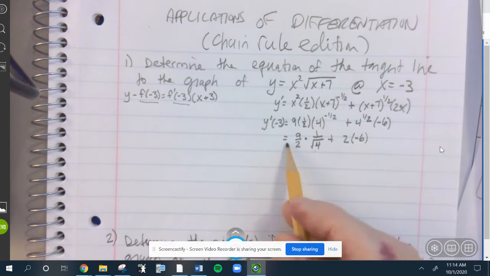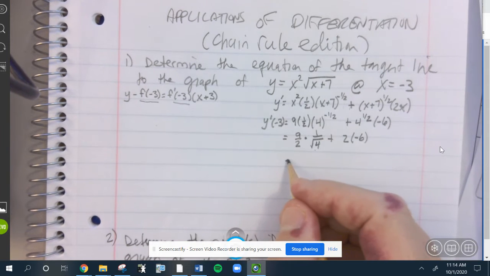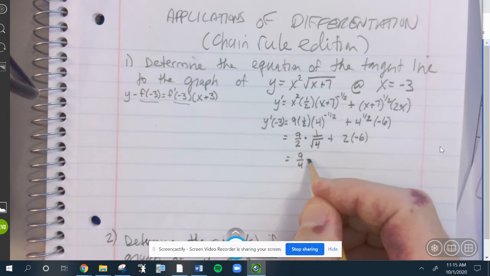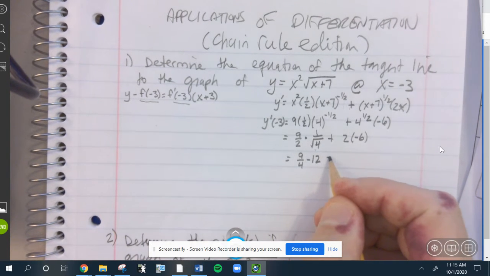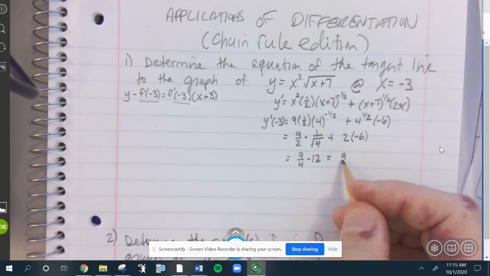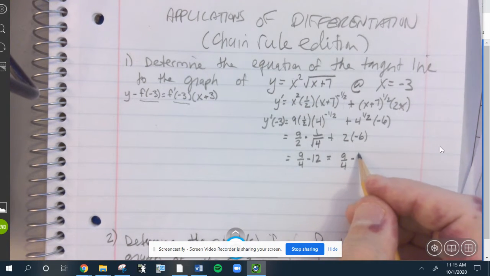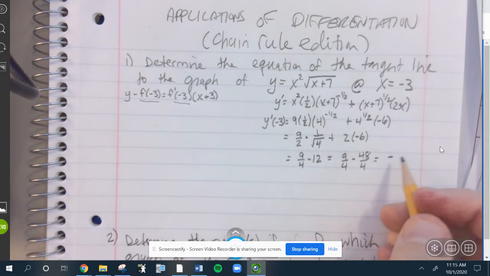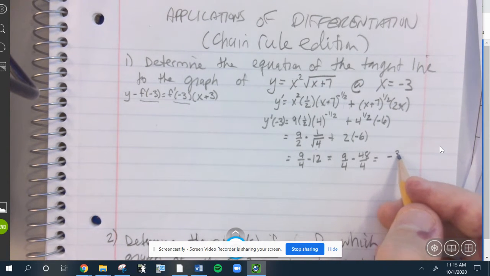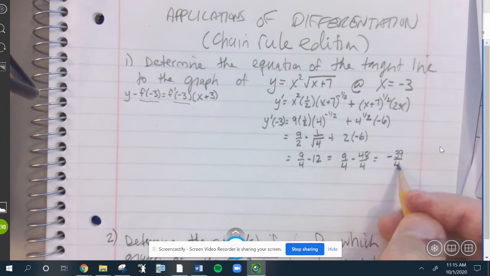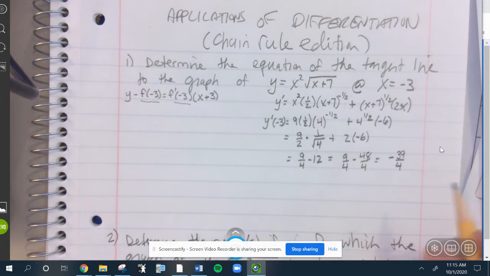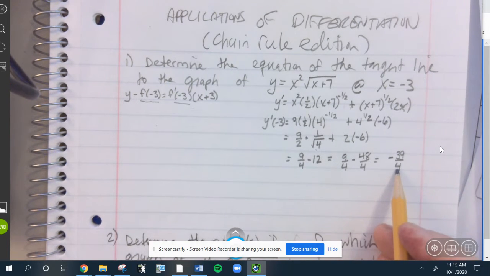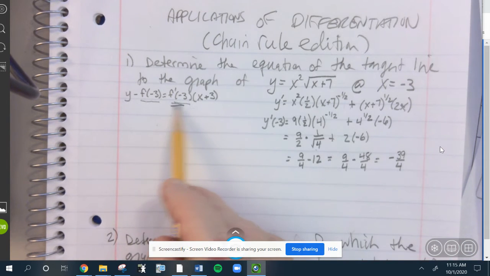So we have 1/2 times 9 halves, which is 9 fourths, minus 12. Twelve is 48 over 4. So I have negative 39 over 4. Hopefully that's right. We're going to check, so we'll know.